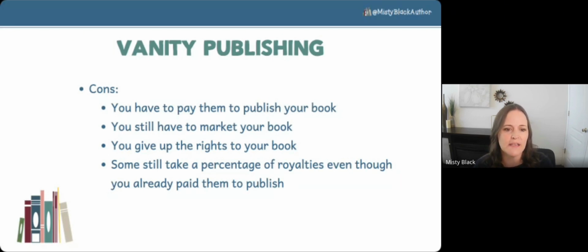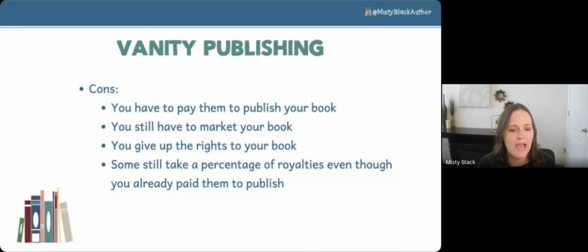So Jupiter asked if all hybrids are vanity, and the answer is no. A vanity publisher is somebody you hire and they publish it for you under their company name. A hybrid publisher could be different. Hybrid is just a mix of self-publishing and vanity publishing, and it could be more on the vanity publishing side, or more on the self-publishing side.